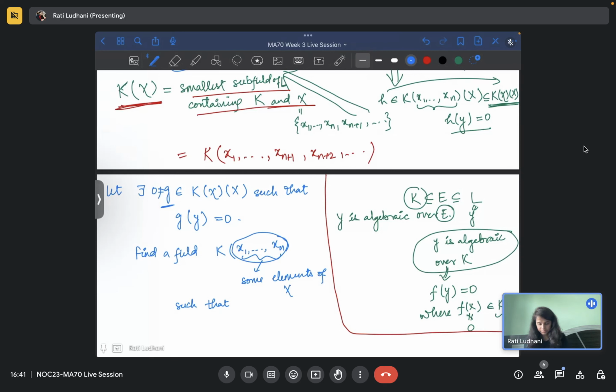I am saying we take the same G, but we try to find this.